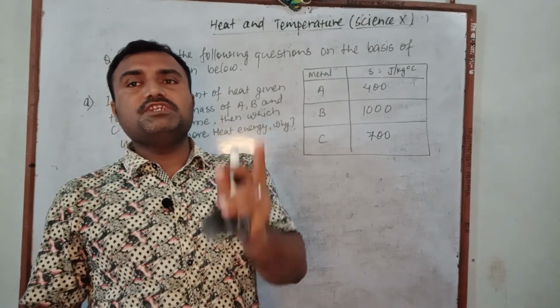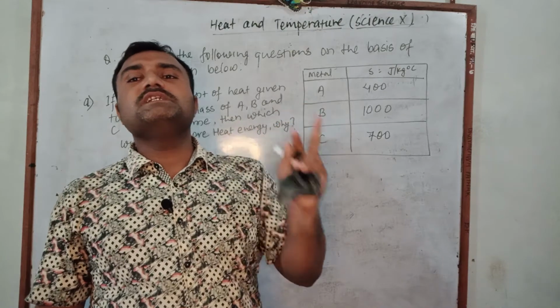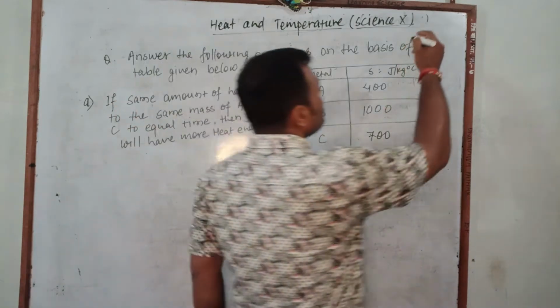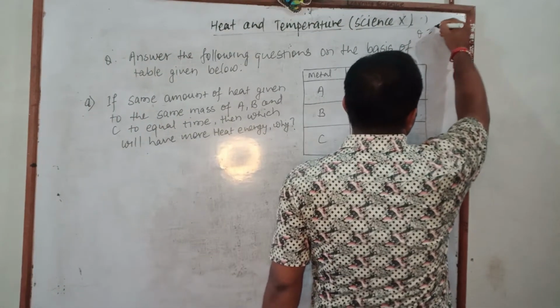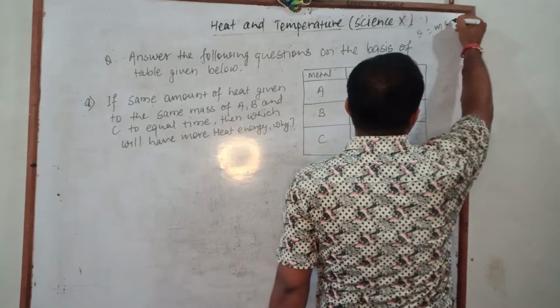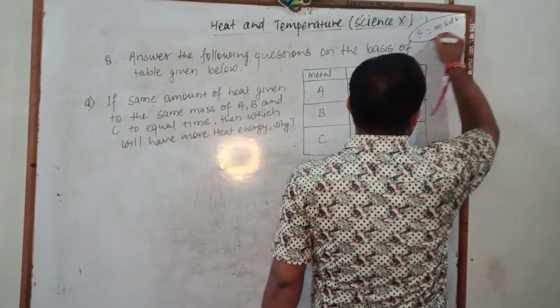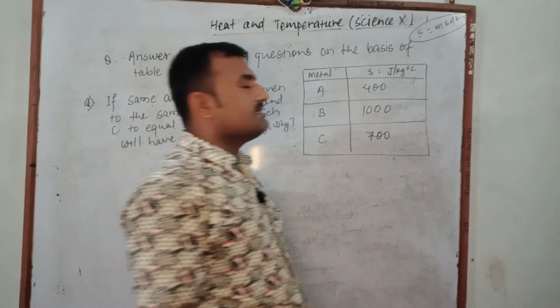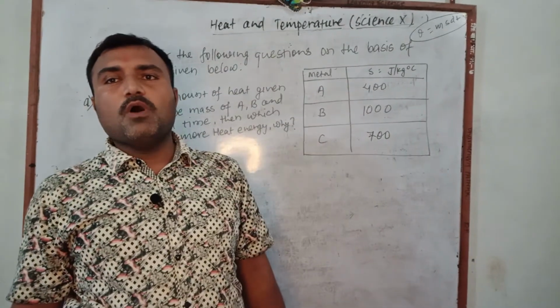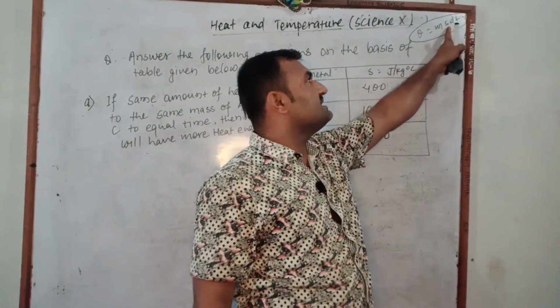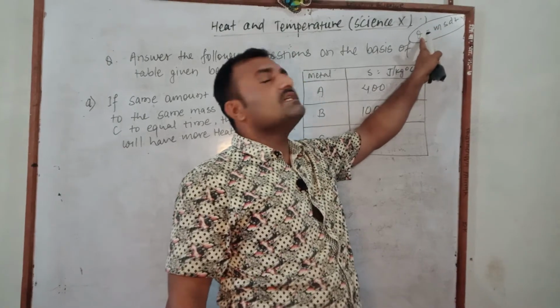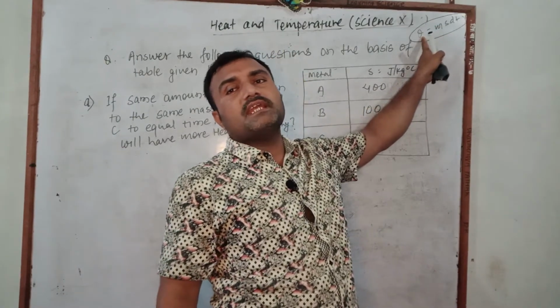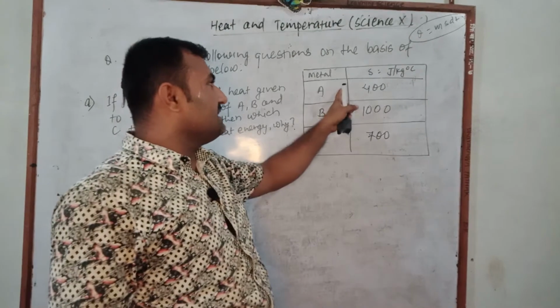In the heat equation also we discussed that Q is directly proportional to m s dt. It gives the idea that the higher the value of specific heat capacity, the higher the amount of heat energy lost or gained by the body.